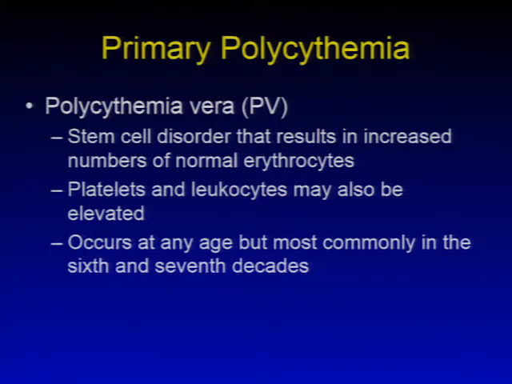Now, a primary polycythemia, also known as polycythemia vera, is a disorder of stem cells that results in just an increased number of normal erythrocytes. So the cells themselves are normal. Oftentimes we see an increase in platelet and leukocyte or white blood cell counts as well, often markedly elevated. It can occur at any age, most common in the 6th or 7th decades of life, so mainly a disorder of older individuals.